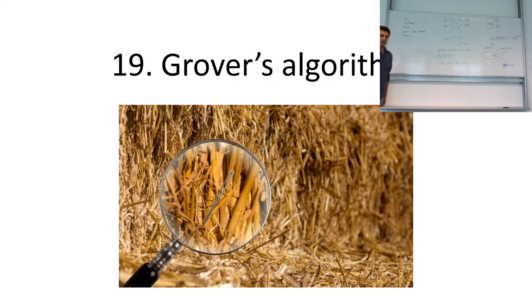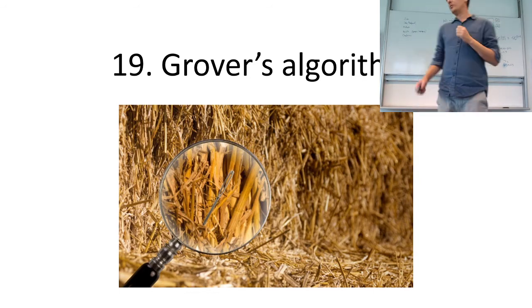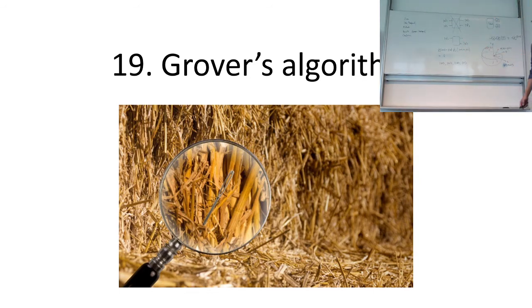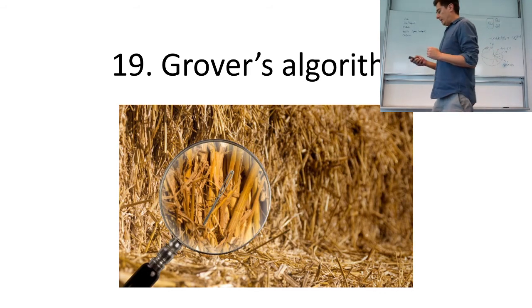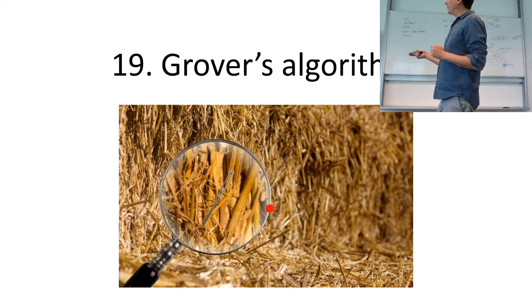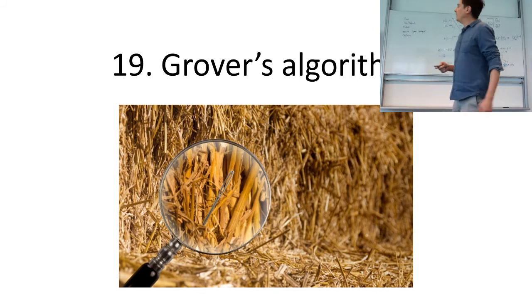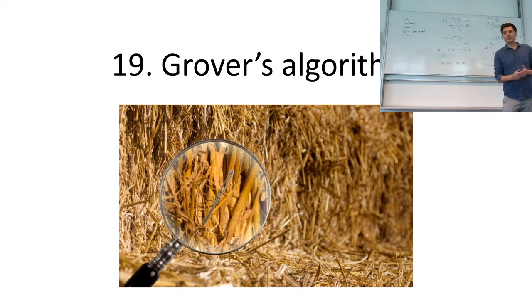All right. So next one is Grover's algorithm. So, okay, the picture I've drawn here, you might be like, what the hell is this picture? So it's a needle in a haystack.